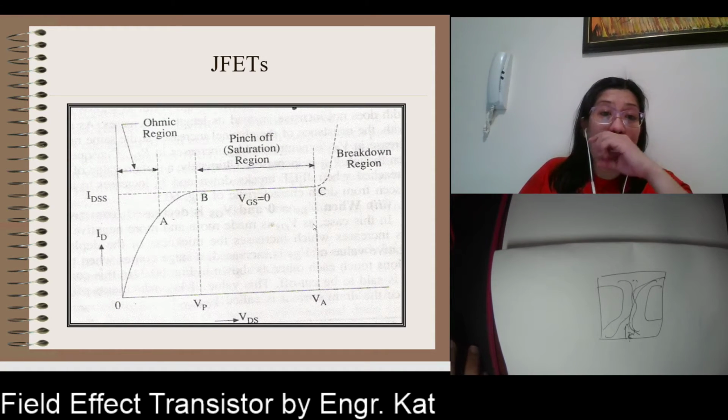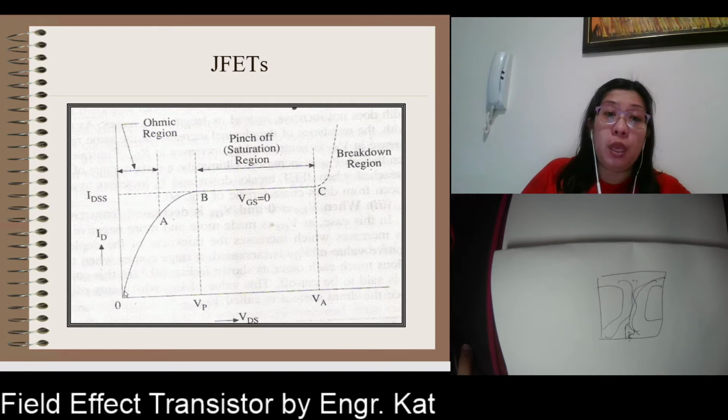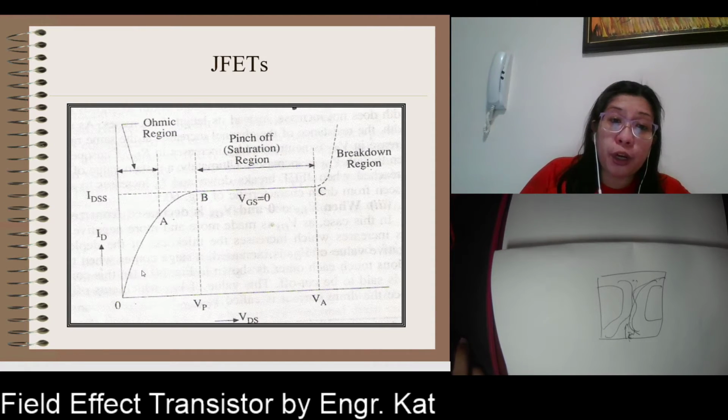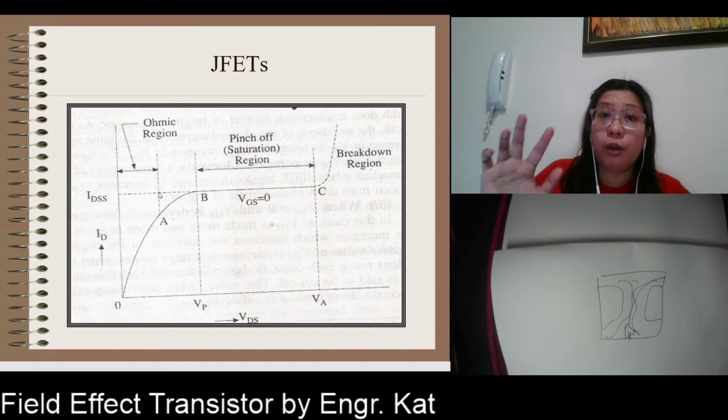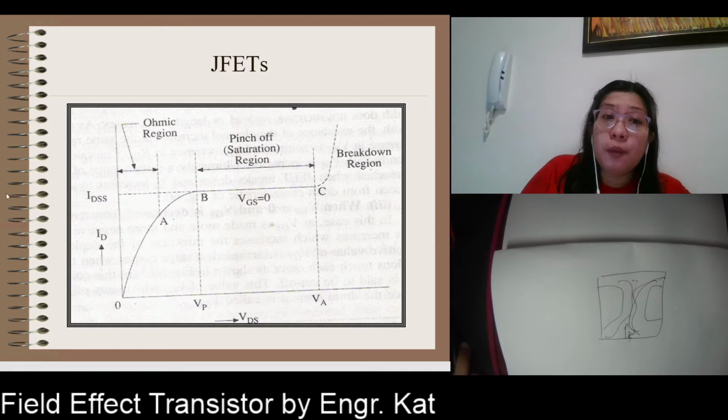Okay, so we have here the first type when we are increasing your VDS while your VGS is equal to 0. Just like Ohm's law, in the ohmic region, as you increase your VDS, likewise your current also increases until it reaches a certain point, the pinch off region, wherein even though you increase your VDS more, the current will be saturating. What do we mean by saturation?